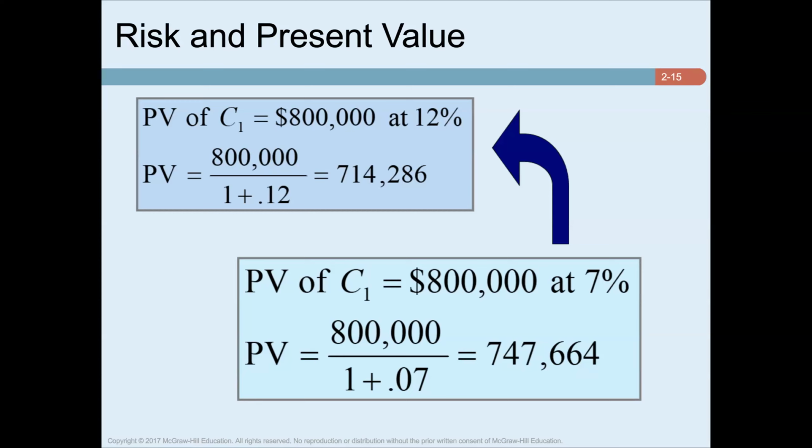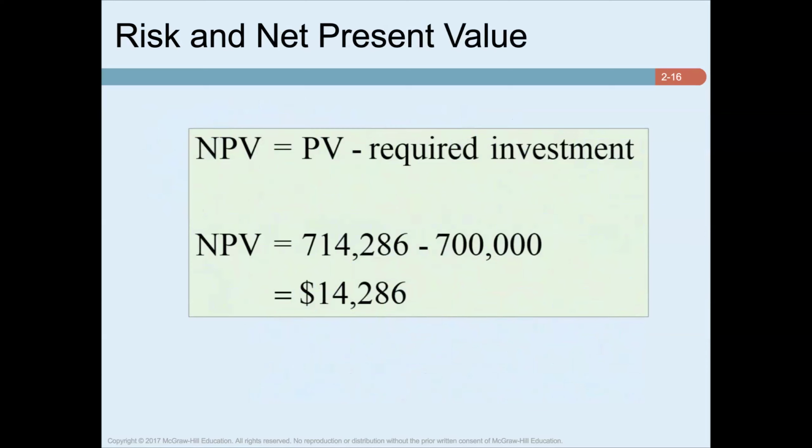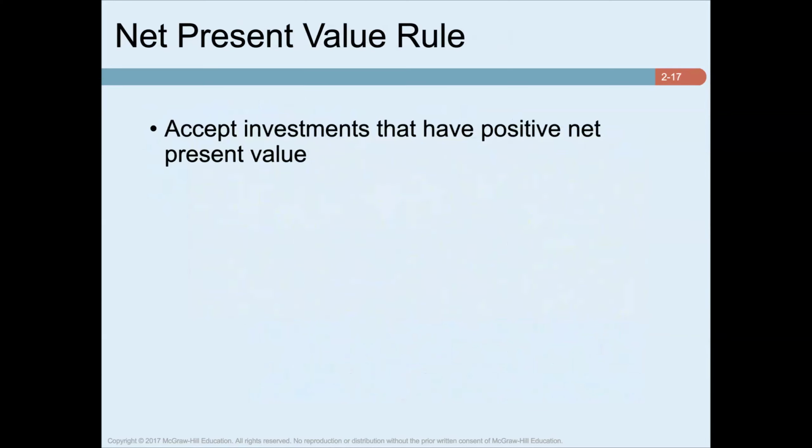The net present value will definitely be lower. So if the rate goes to 14, then this number will probably be less than 700,000. So the net present value will be negative. So in that case, we won't want to invest. Okay, so this is still positive, so maybe we still would invest. So usually when we have a positive net present value, we will try to invest.